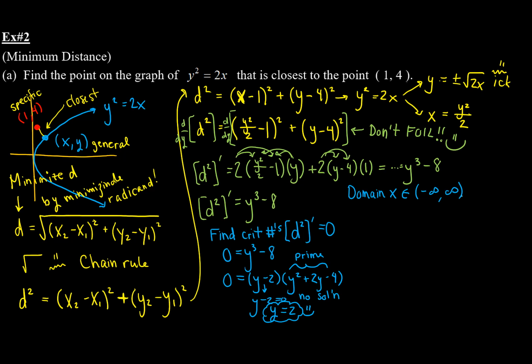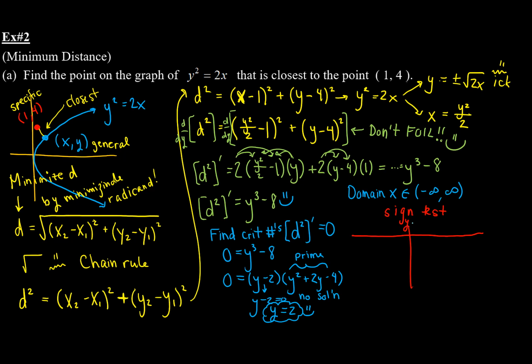All right, let's take a look. Now that I've found my critical number and identified my domain, I'm going to do a sign test, because I can't plug in the domain since it's negative infinity to infinity. I'm not limited by the sides of a triangle here.